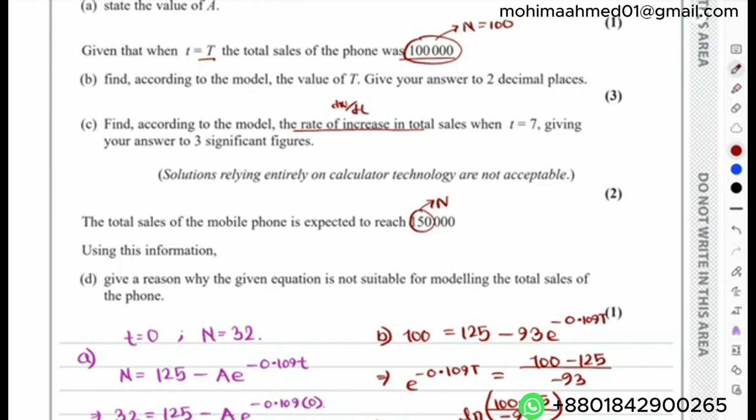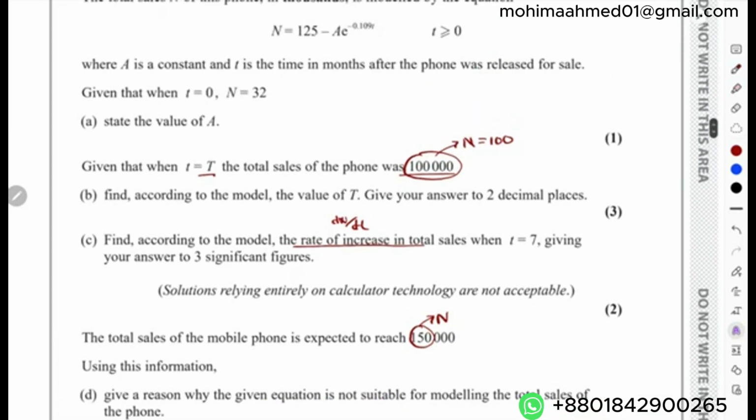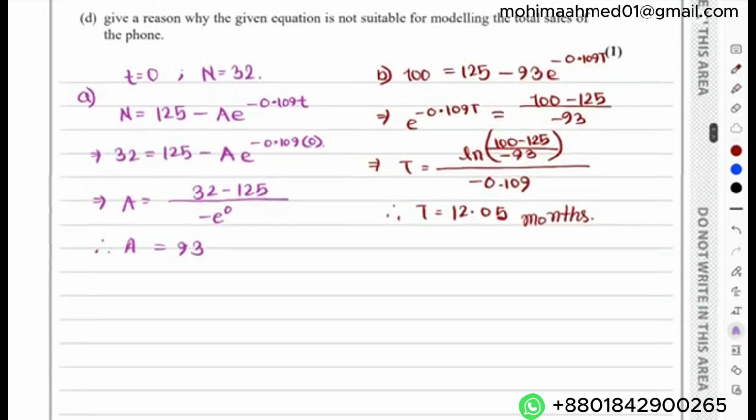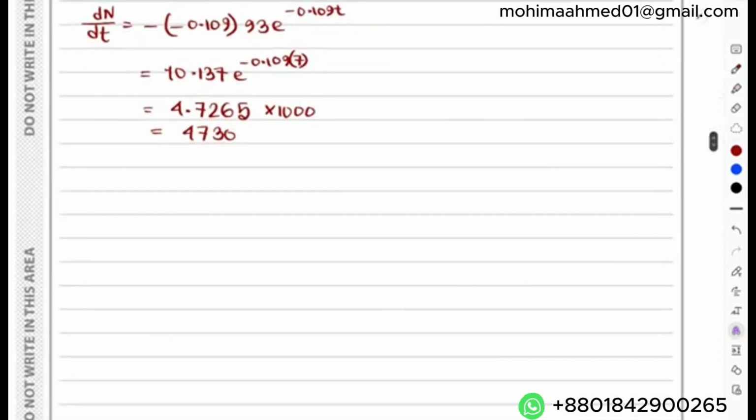So we need to use this information and state why this equation is not suitable for modeling the total sales of this phone. Because if you go back to your equation for the total number of sales, we are considering that the time is infinite, right? Because we're not sure how long it will take for that amount of sales to be done.